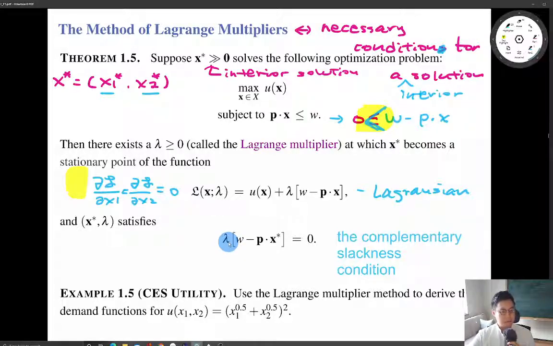Conversely, if the Lagrangian multiplier is strictly positive, remember lambda is strictly positive or equal to 0, then the budget constraint must be binding. There is a complementary relationship between the Lagrangian multiplier and the budget constraint. This is why we call it the complementary slackness condition. I'm going to illustrate a little bit more about this Lagrangian multiplier in the live lecture today with this CS utility.